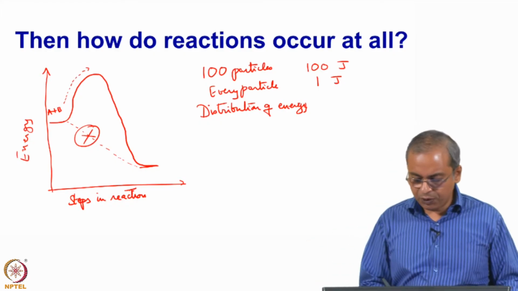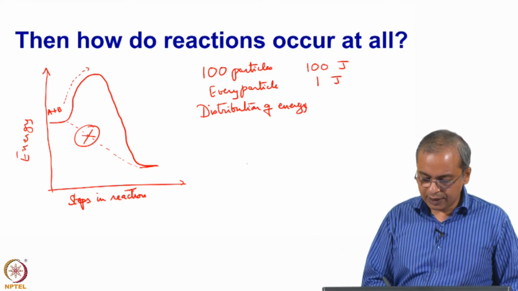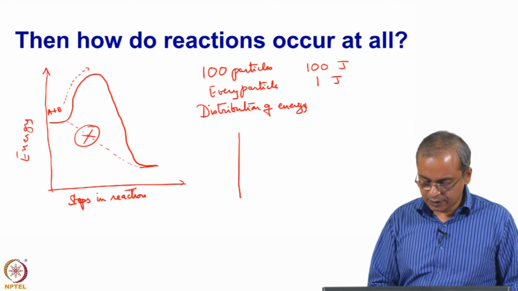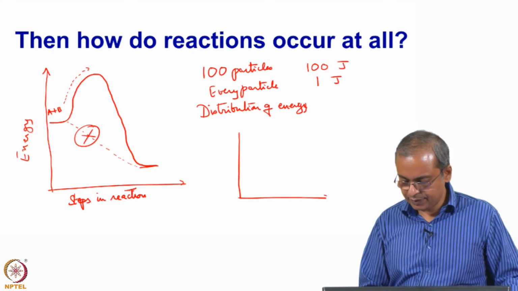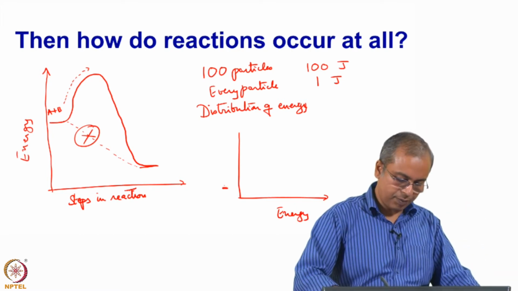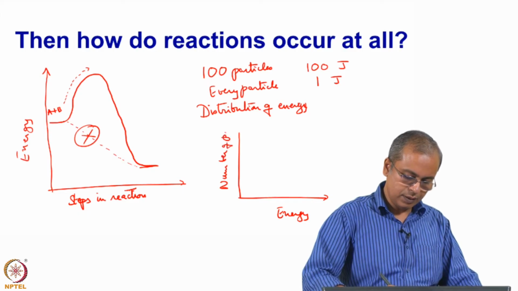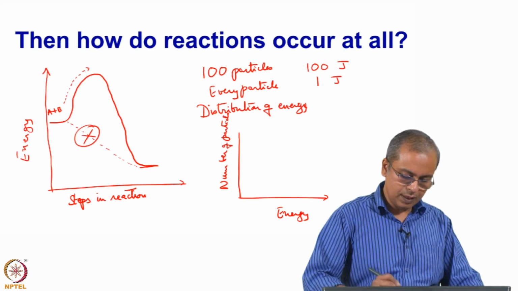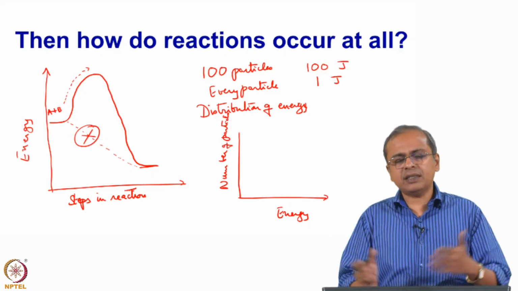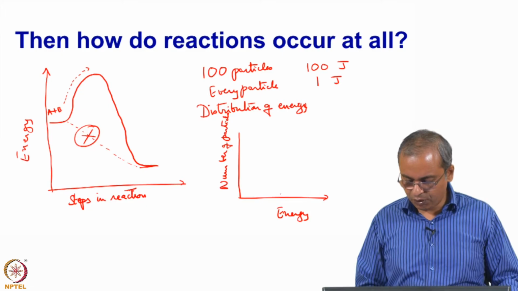Normally, if you look at the distribution of particles, if I put energy here and number of particles here, and just for simplicity's sake let us say there are only 4 or 5 energies they could have.